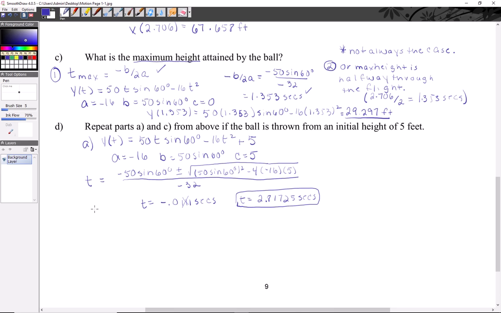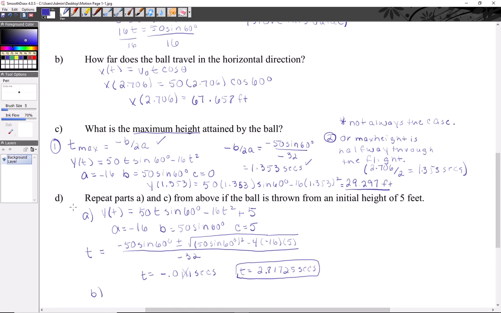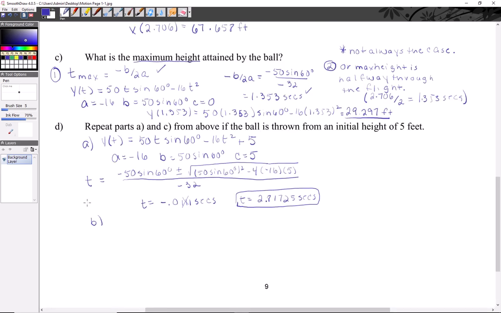So then the next thing, letter B, what was that? Letter B up here was how far does the ball travel? Well, we know the total flight time for it to reach the ground, because the initial position was up in the air.